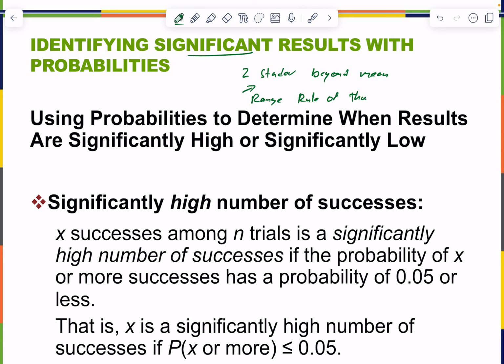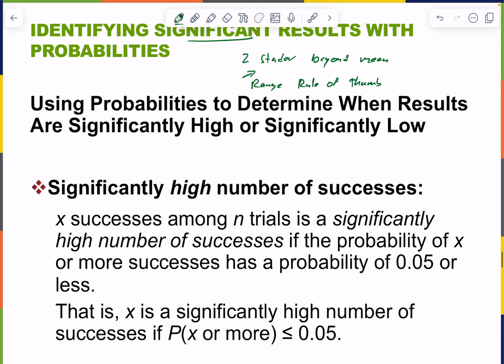There is another way of determining or defining an event as significantly high, and here it is. X successes among N trials is a significantly high number of successes if the probability of X or more successes is small, is rare, is 0.05 or less. I'm going to talk about this more in class.